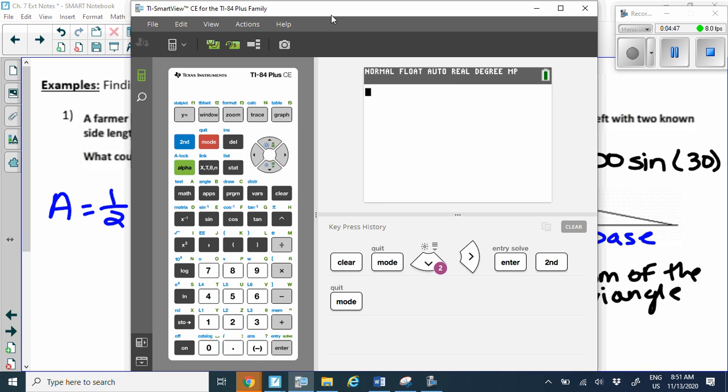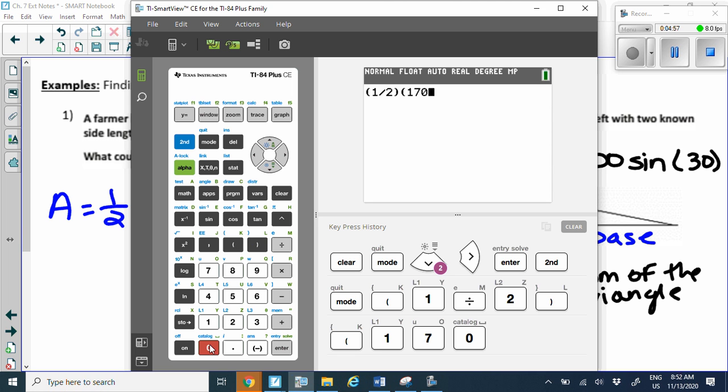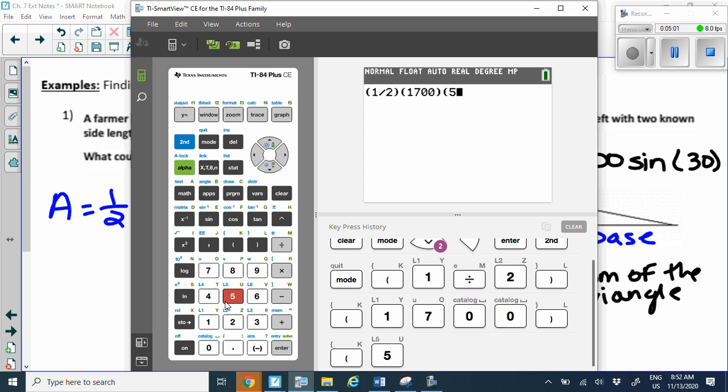Okay, now we're going to go ahead and plug these values in. First is going to be the 1/2. I'm going to put 1/2 in parentheses. And then I'm going to put the 1,700 in parentheses and the 500. So make sure all of these have separate parentheses. Now, I'm going to use my sine. We will always use sine here, okay?